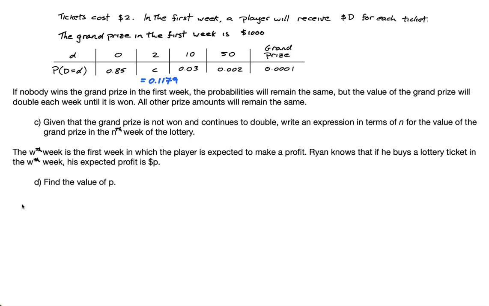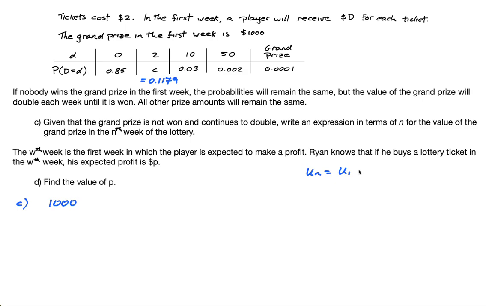So the situation we have is the grand prize is $1,000 in the first week, but it's doubling. So you can think of it as a geometric sequence. For a geometric sequence, u of n is equal to u of 1 times r to the n minus 1.